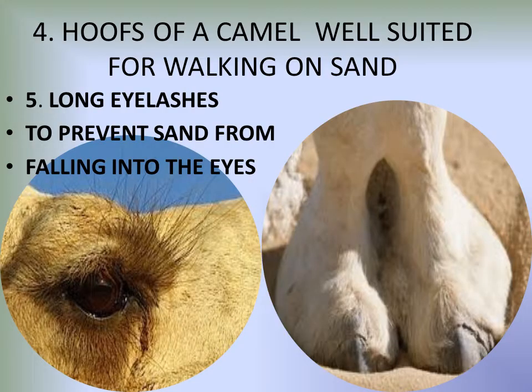Then we have other features like long eyelashes, which protect them from sand dunes. They need to walk in sand, where the land is barren and the wind blows very fast, so to prevent sand from entering the eyes, they have eyelashes.